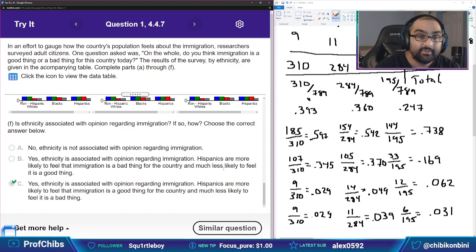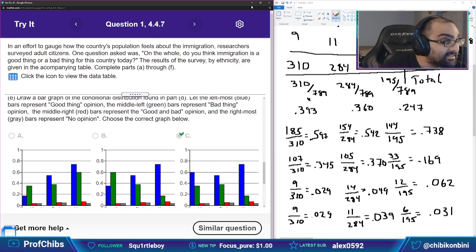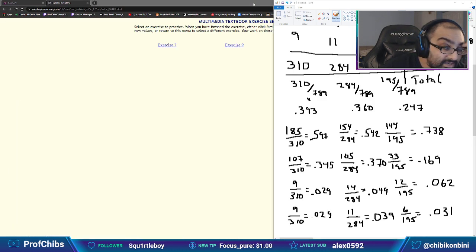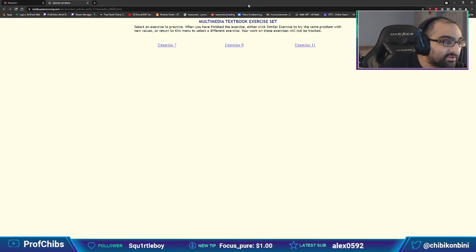Any questions about that? Any questions about this example overall? I don't feel that example is too tough, but those are the kinds of questions you'll be running into.